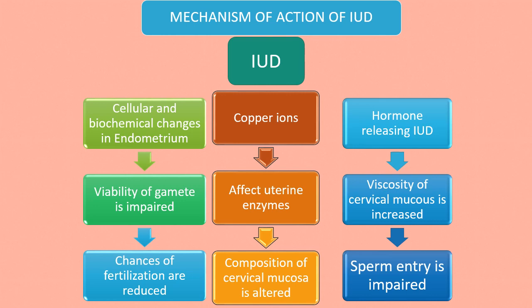So sperm entry is impaired, and it leads to no fertilization. So this is the mechanism of action, the way intrauterine devices prevent fertilization.